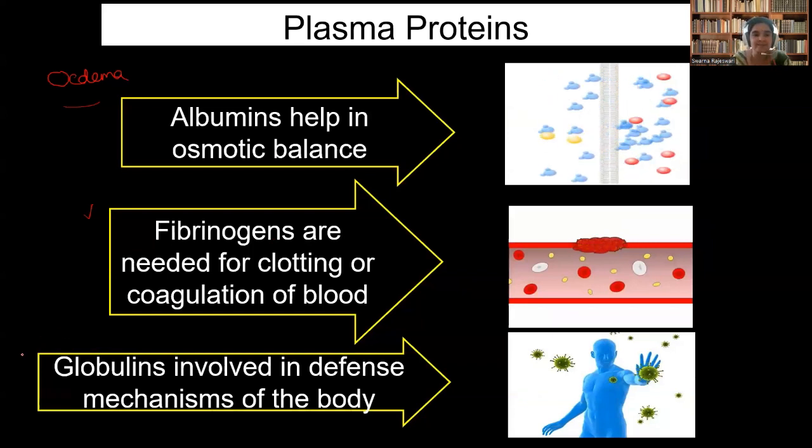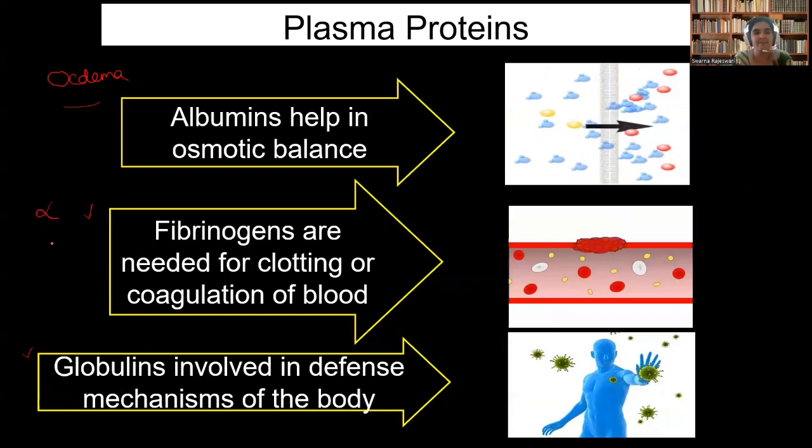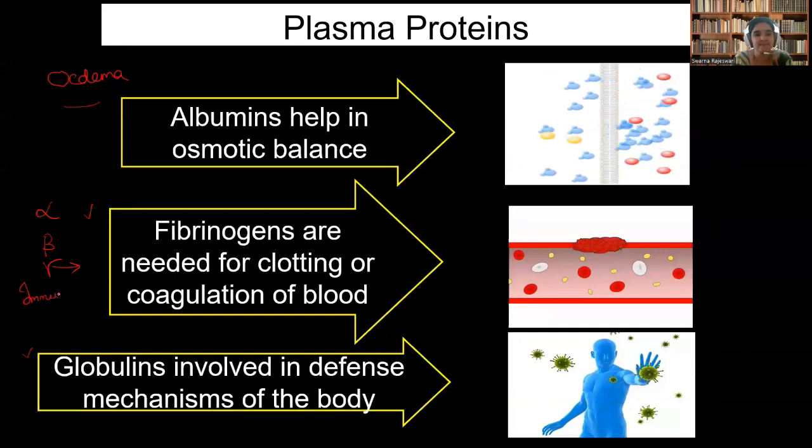The third type of plasma proteins are globulins. There are three types of globulins. They are alpha, beta, as well as gamma. Mainly the gamma globulins, which we call immunoglobulins.